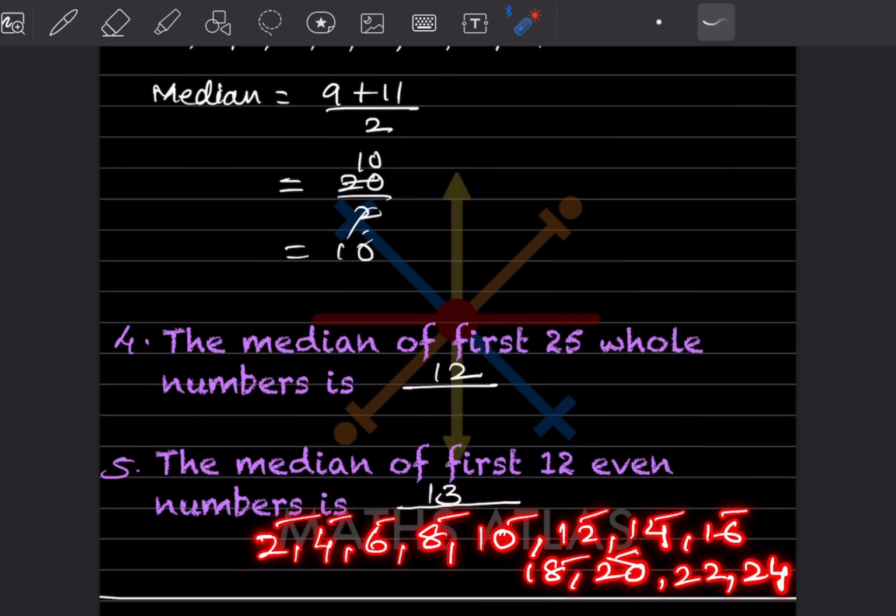So now these are the 12 numbers. We'll take 5 and 5 on the sides and this middle pair. So the middle pair is 12 and 14.